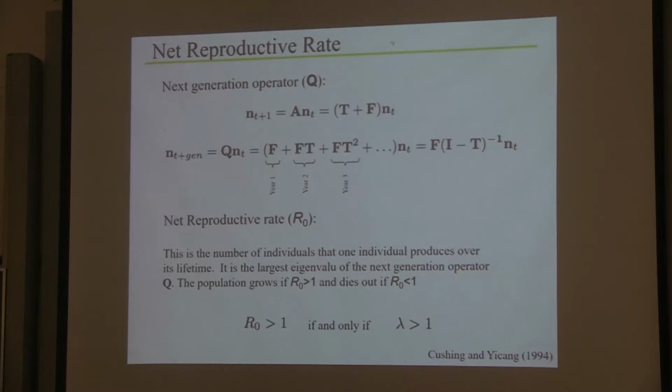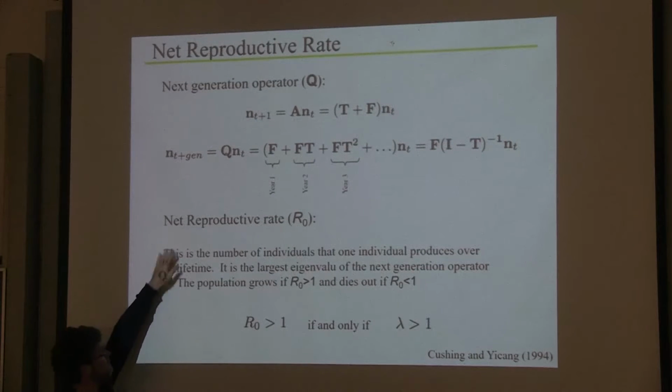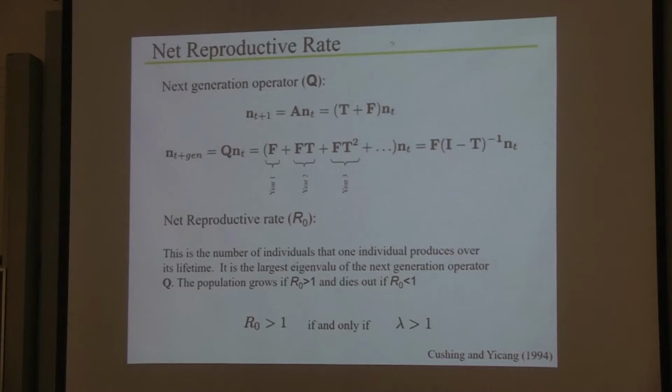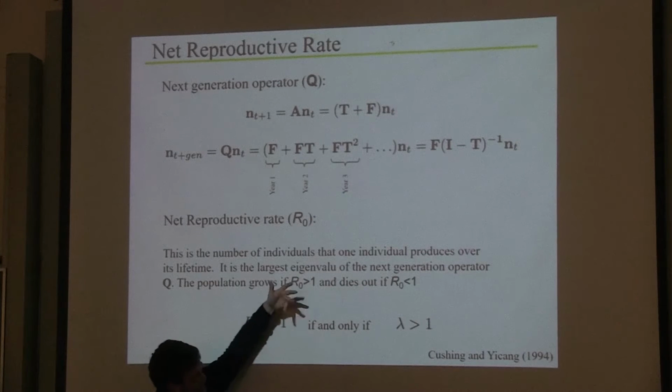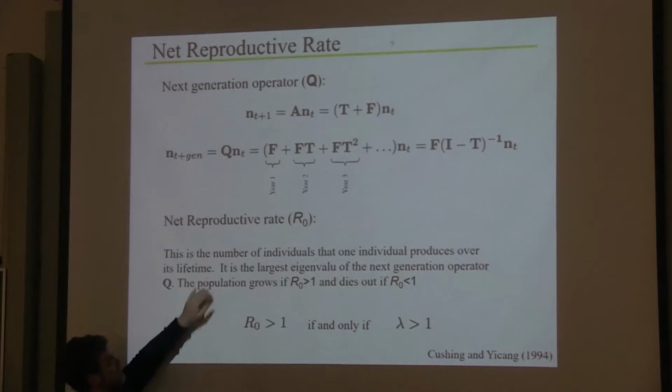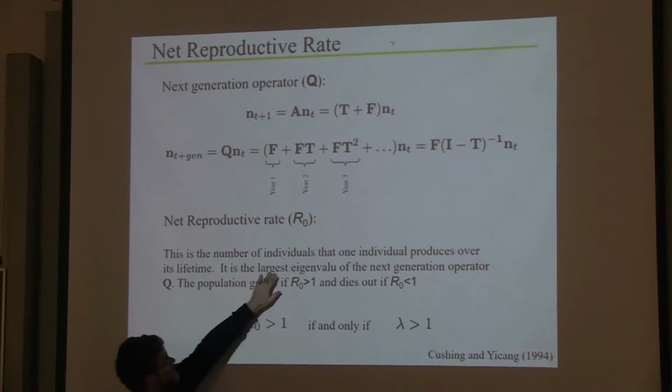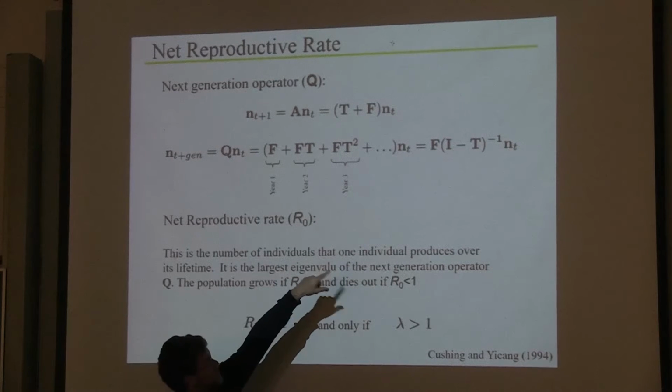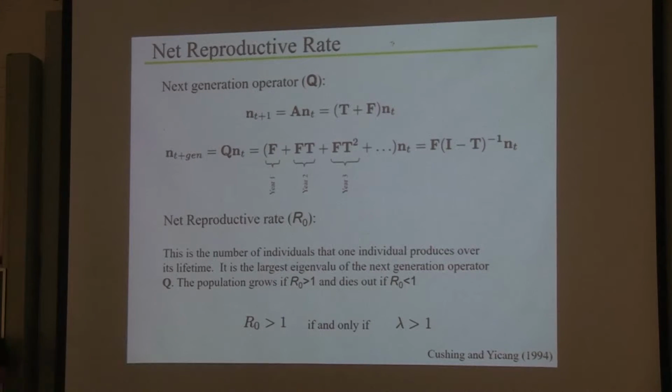And so this puts us in a position where we can try to come up with a formula. We describe the net reproductive rate, which is like the basic reproduction number, as the number of individuals that a single typical individual would produce over its lifetime. And it's the largest eigenvalue of this operator Q, F times I minus T to the minus 1.